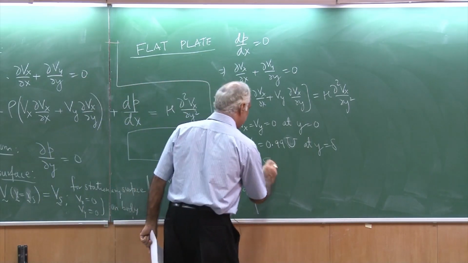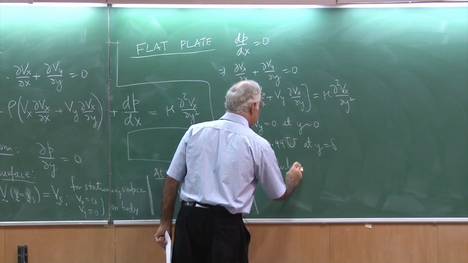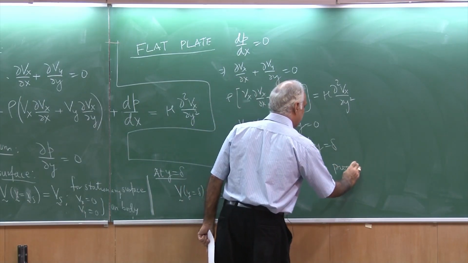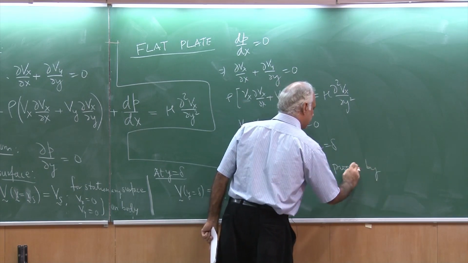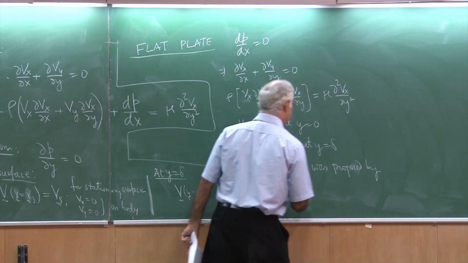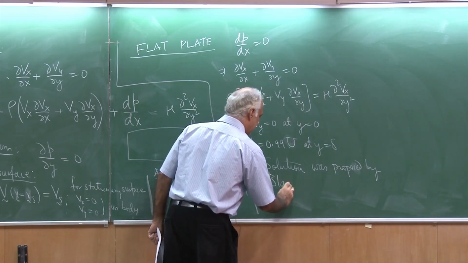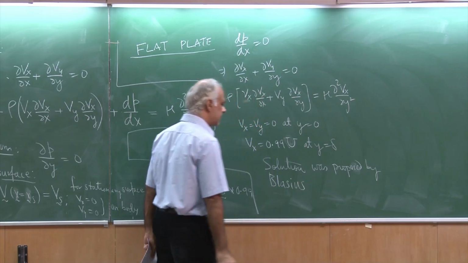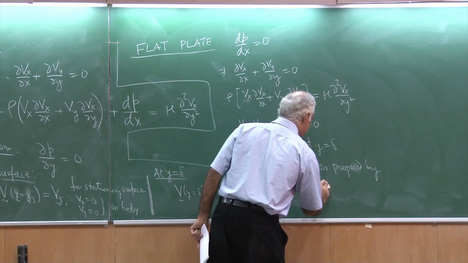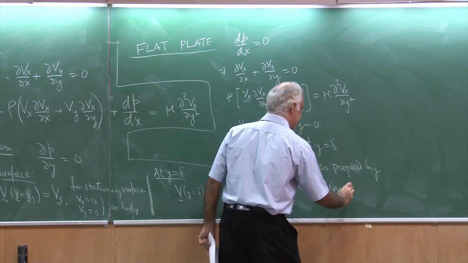So the solution was proposed by Blasius, and that's why it's called a Blasius boundary layer solution, using self-similarity.